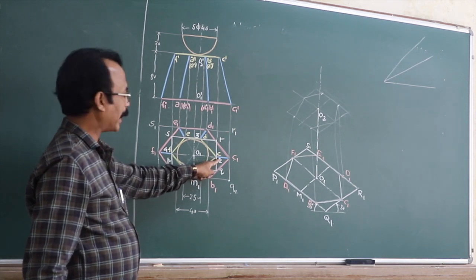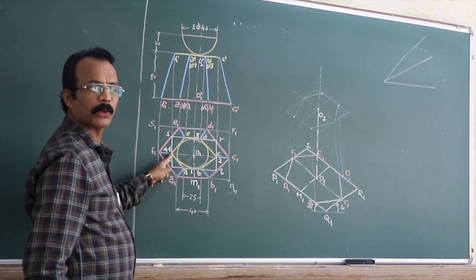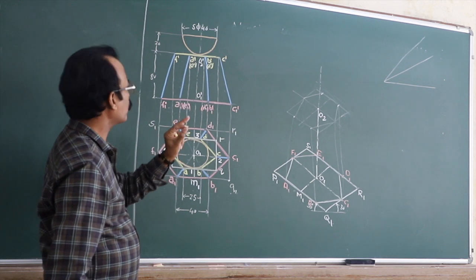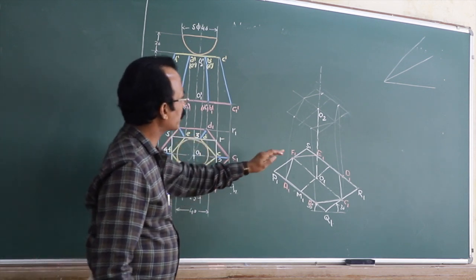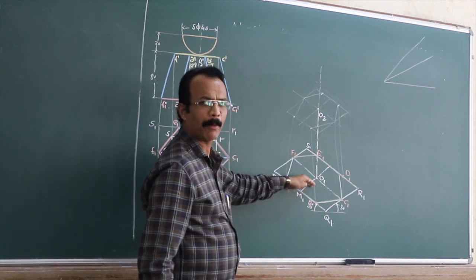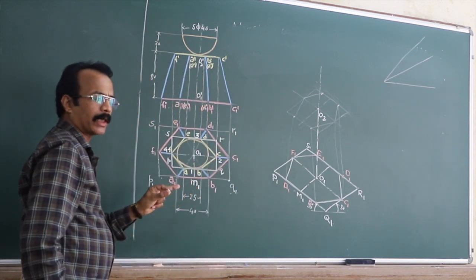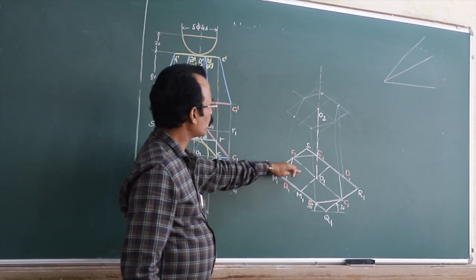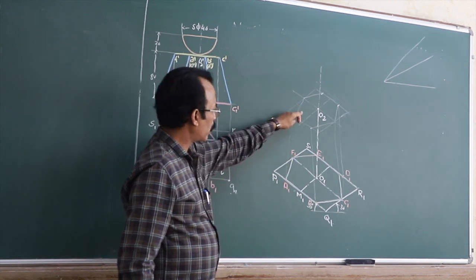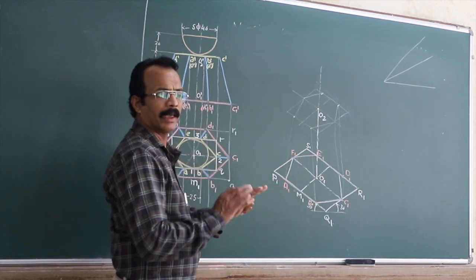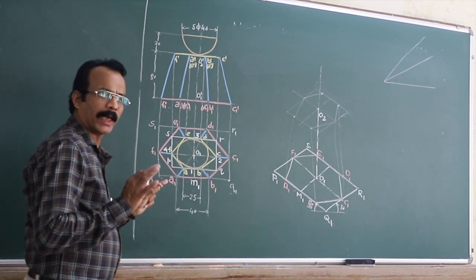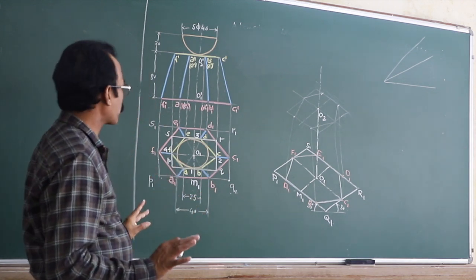C and 2 are the same points, 4 and F are also the same points there. So this is important, how to construct a box above the box. Remember, in isometric projection, if you understand how to construct a box above the box and box within the box, that is the important thing in your isometric projection.